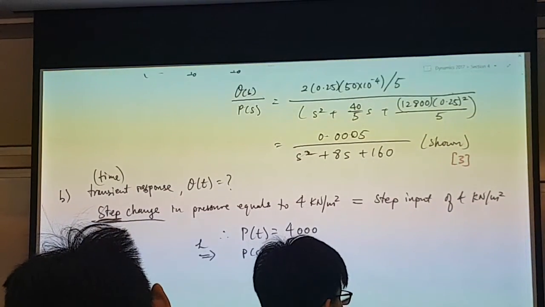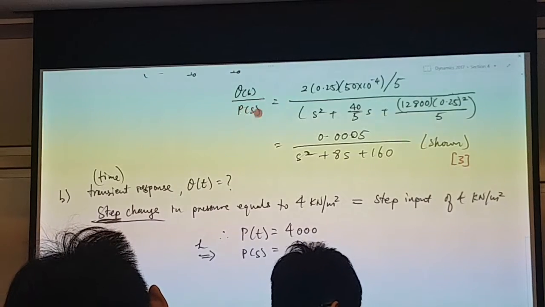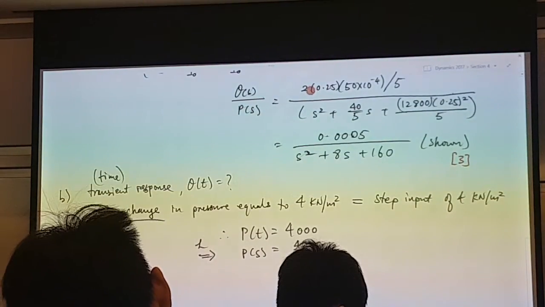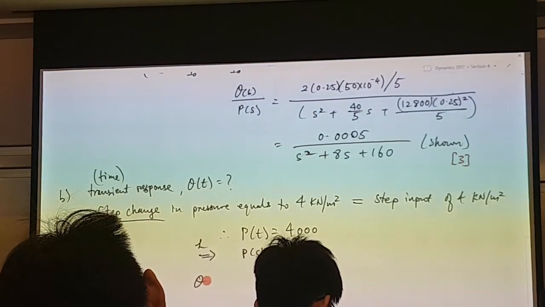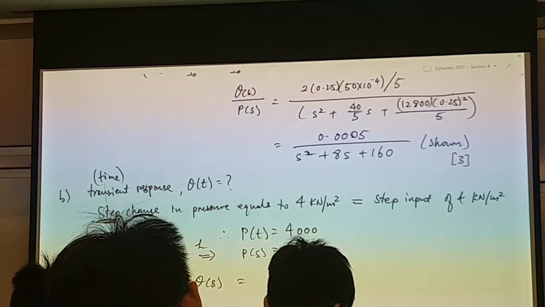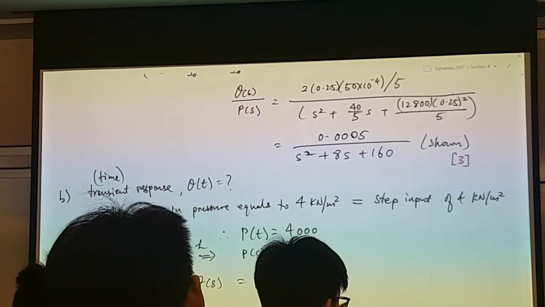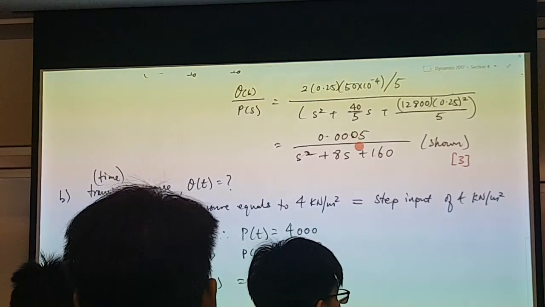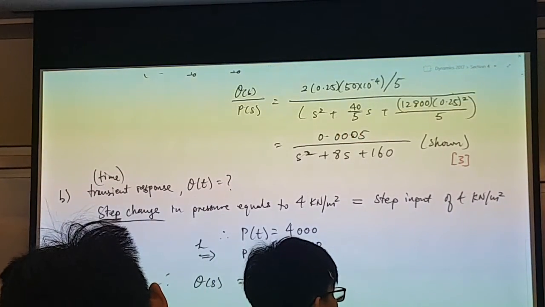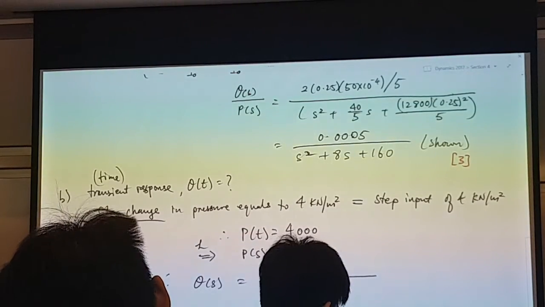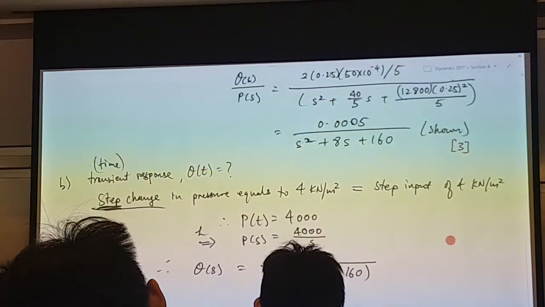So what I'm going to do is to substitute PS into this part here and bring it to the right hand side. So what I'm going to have now, theta S will be equal to, and you take 4,000 multiplied by 0.0005, you get 2, and then denominator, s squared plus 8s plus 160.